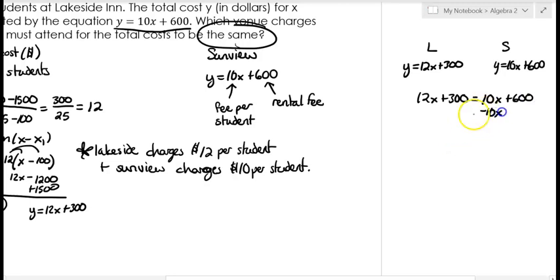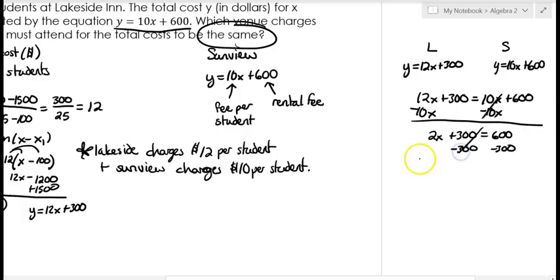So first get your variables to the same side. Always do that first. All right, that gives you 2x plus 300 equals 600. Now isolate the x, meaning get it by itself. So move the 300 over. We're trying to get x all by itself. And you get 2x equals 300. Divide by 2. So you get 150.